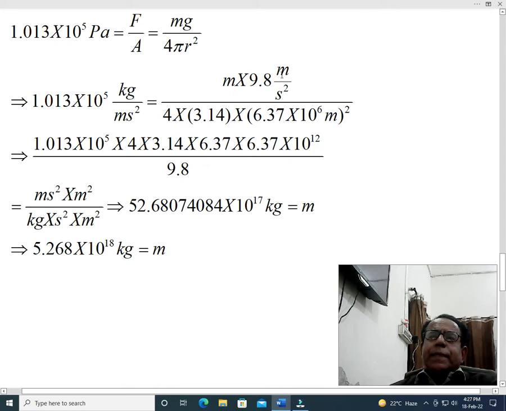This meter square will be cancelled out with this meter square. Okay, this meter will become here.